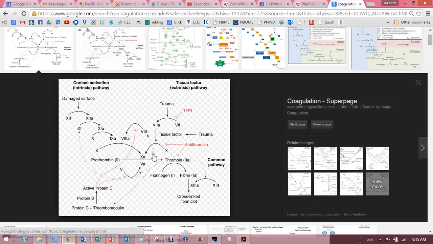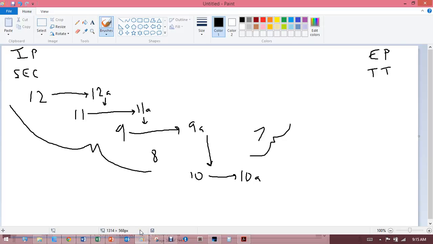Looks like 8 is activated by 2A, so 8 goes to 8A by activated 2A.